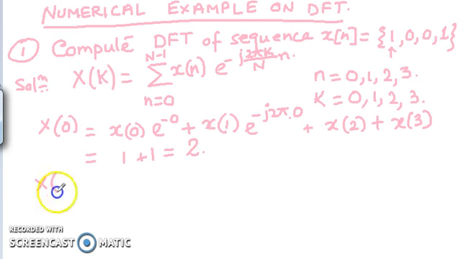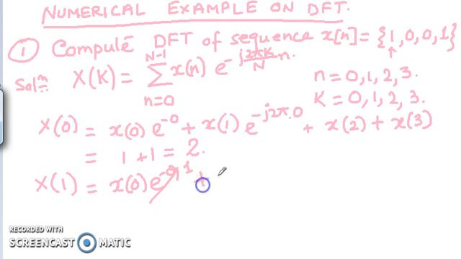Similarly, you can get the value of X1, that is, now we are computing the frequency content for k equal to 1. Here the first value we take is for n equal to 0. Now here the value of k is 1 but n is 0, so it will be e to the power 0, that means it will be equal to 1.